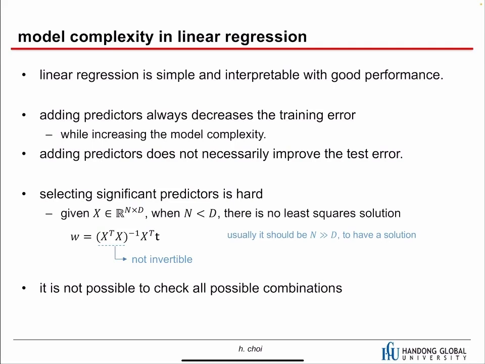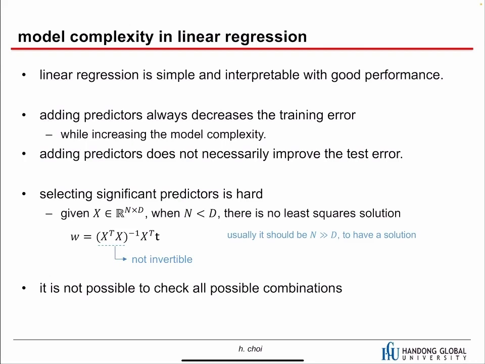Okay, now let's talk about the model complexity in linear regression. So I think you're already familiar with linear regression. And linear regression is simple and interpretable with good performance. Okay, so adding predictors always decreases the training error.